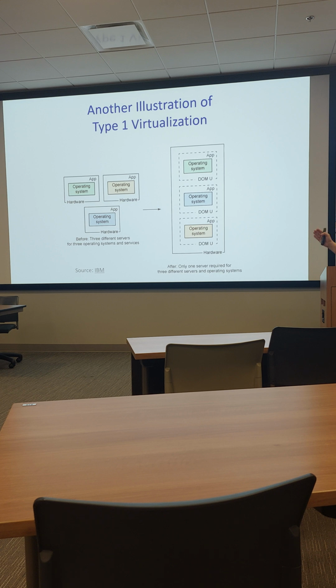The enclosure is the hardware, inside there's the operating system, and on top of or around the core operating system, there are apps. So this is a different illustration. User domain, unit, that's the term.